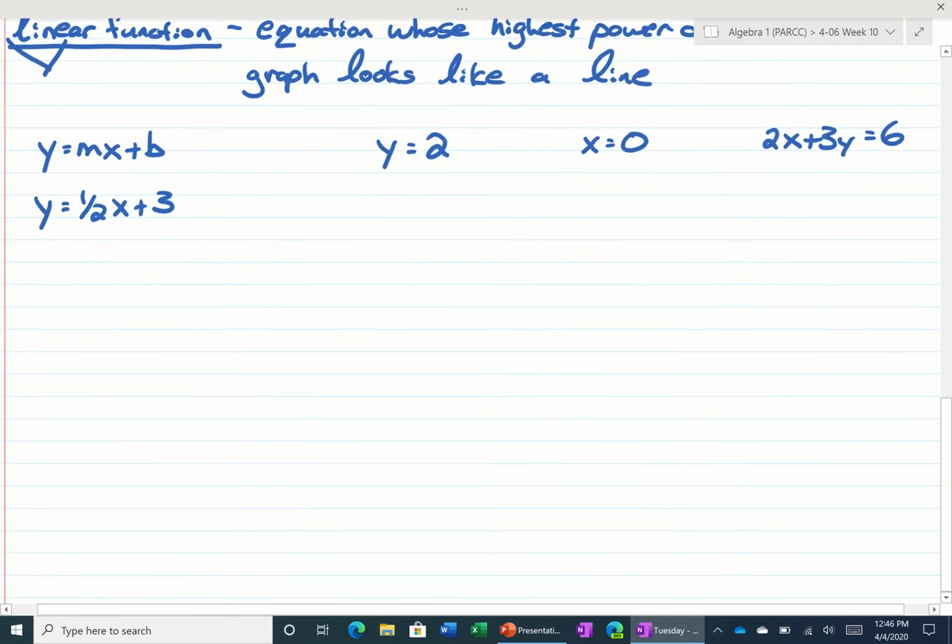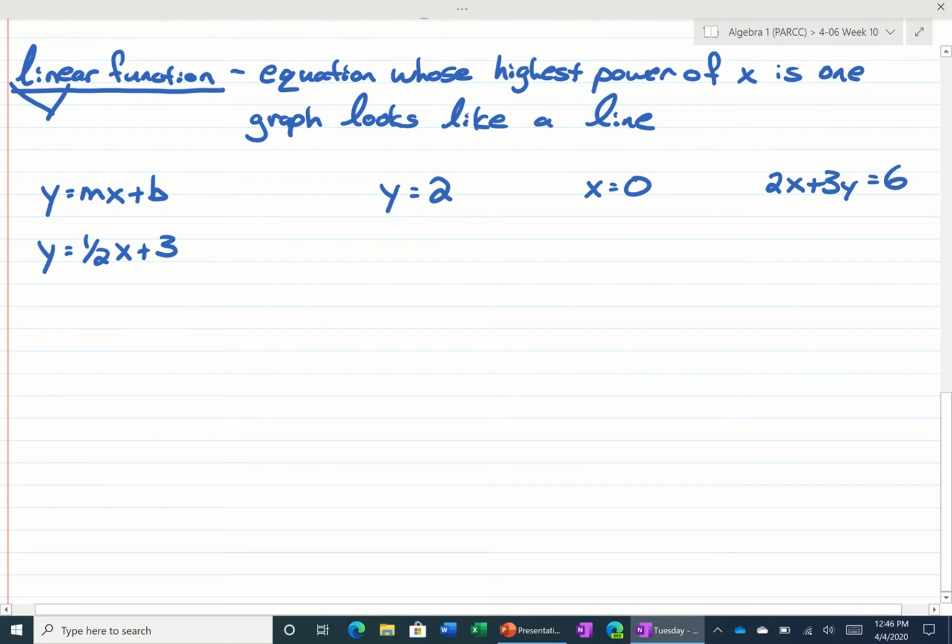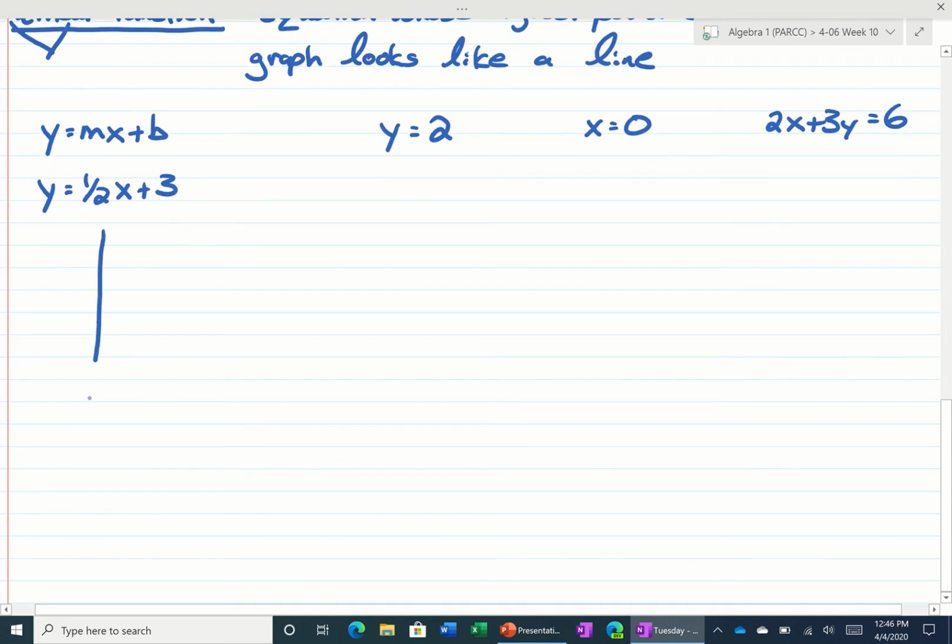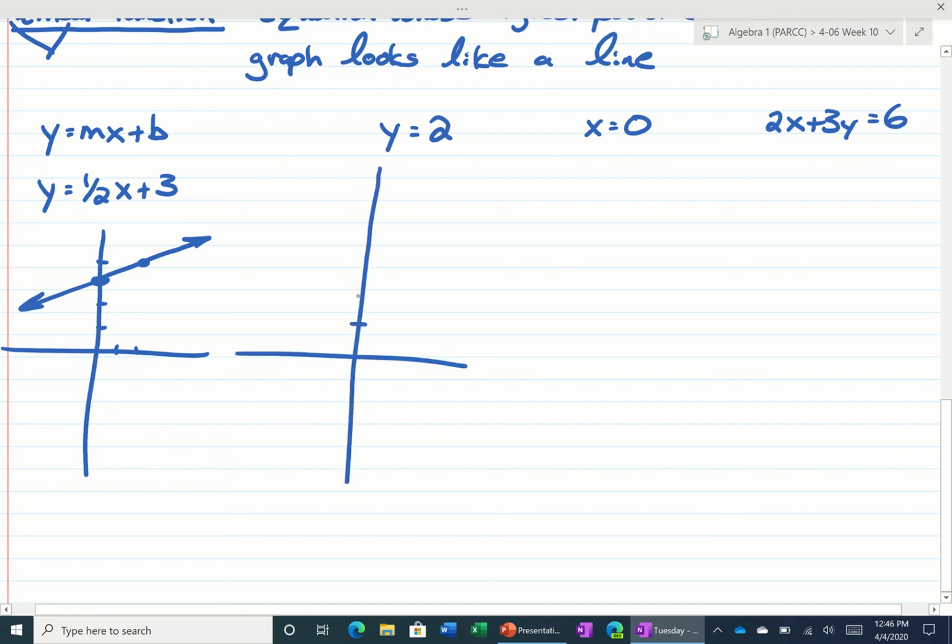Now, not all of them would be a linear function. Let me show you what I mean. First one we graph, the x-intercept would be 3. And from here we go up 1 and over 2. For y equals 2, that's the same thing as f of x is equal to 2.